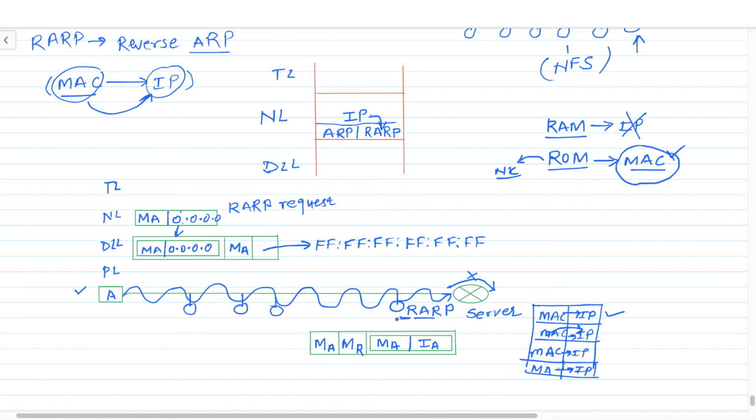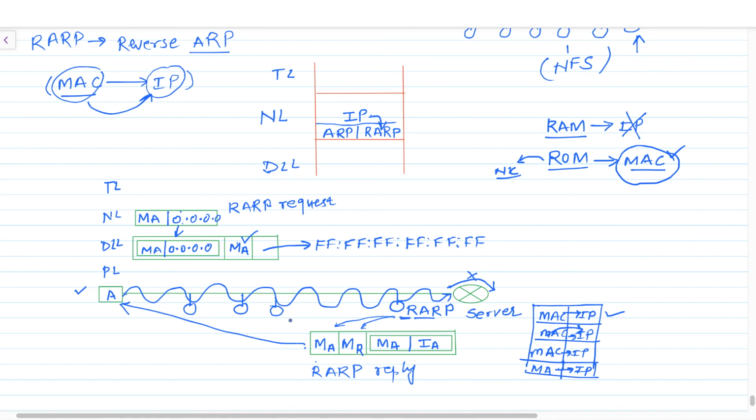How will it know this information? Actually this RARP server knows very well its own MAC address, and this destination MAC address will be obtained from this RARP request. And here we can see we have mentioned a unicast address. So this RARP reply will be a unicast reply. So it will be forwarded as a unicast reply.